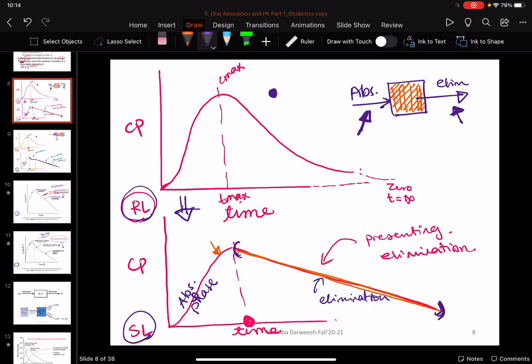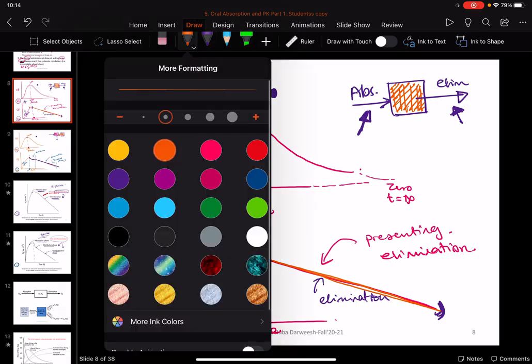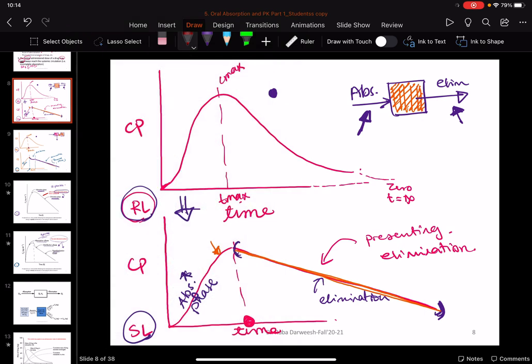So you see the absorption phase and the elimination phase, and the distribution is so rapid in my compartment that I cannot detect it. It's not that obvious. It's rapid, so the drug is rapidly distributed in the compartment that we have.